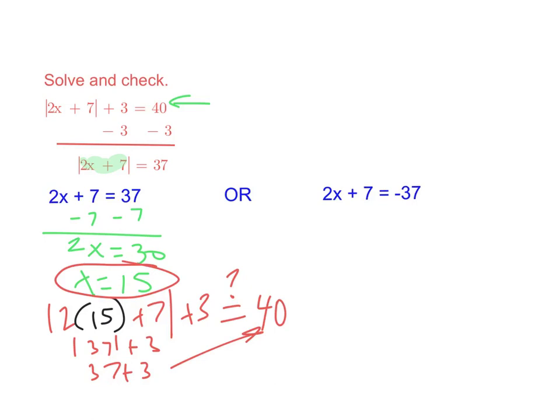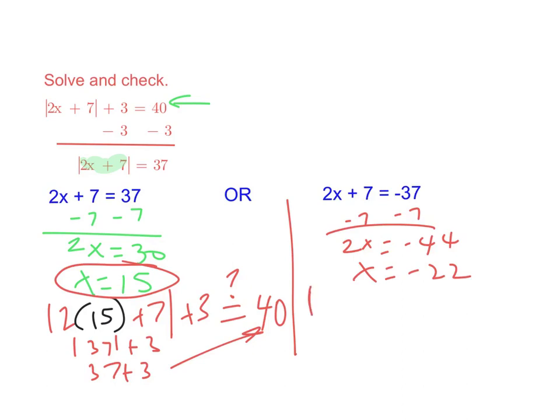Alright, so now we do the same thing on the right. I subtract 7, 2x equals negative 44. Divide both sides by 2, x equals negative 22. Now I just have to make sure that that actually works. So again, I go back to the original problem and plug negative 22 in for x.